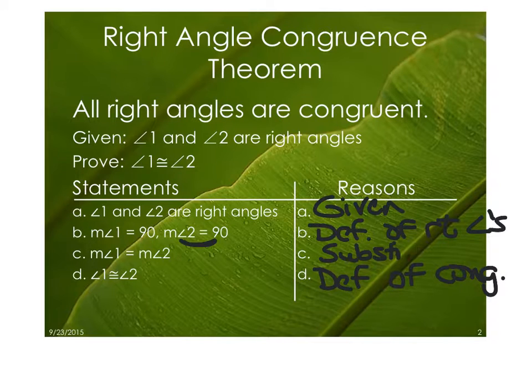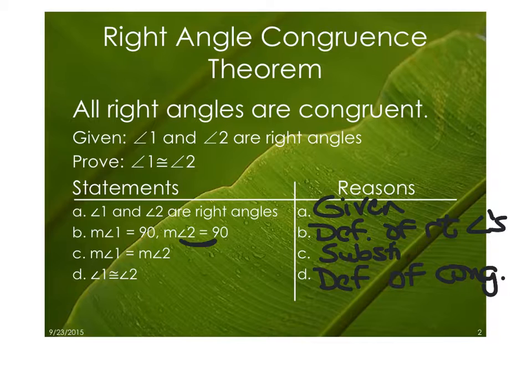Now that we've proven this theorem, if you were to be given a statement, we could cut out those two middle things and we could go right from the beginning to the end and just say all right angles are congruent by the right angles congruence theorem.